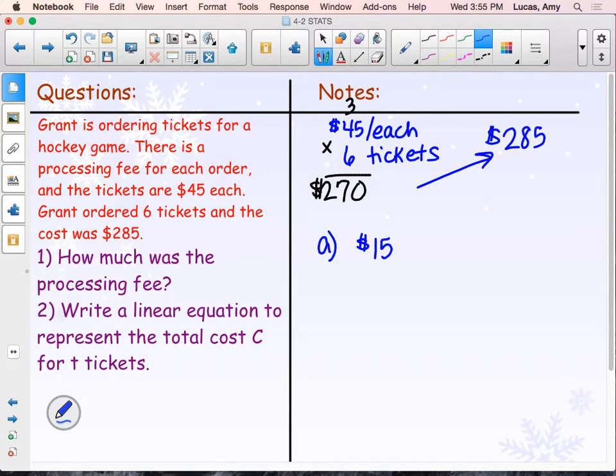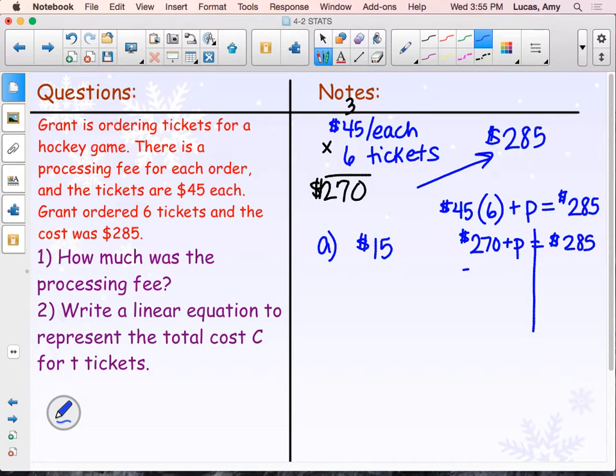So what I did was I said, well, we've got $45 per ticket times 6 tickets, plus a processing fee. Has to add up to $285 that he paid. So multiplying these together, I got 270 plus the processing fee equals 285, and then I just subtracted. So there was $15 that he paid that was extra, because the tickets we knew were $45 each.